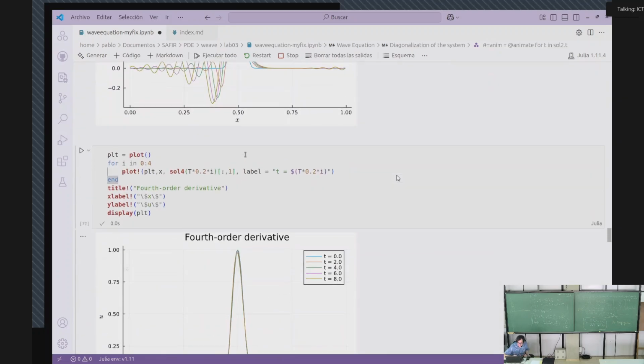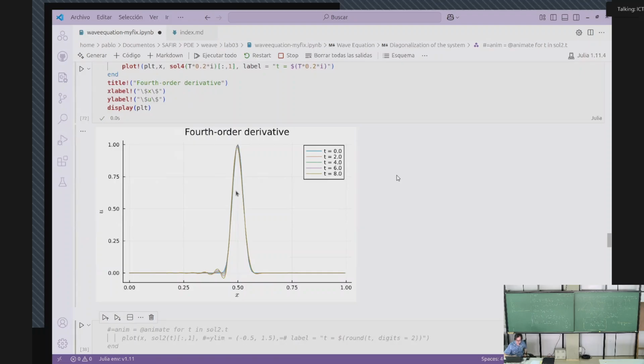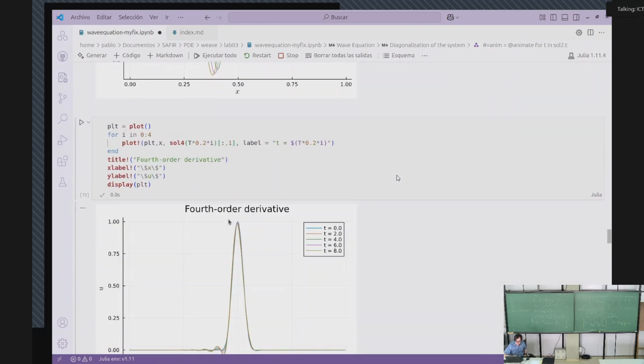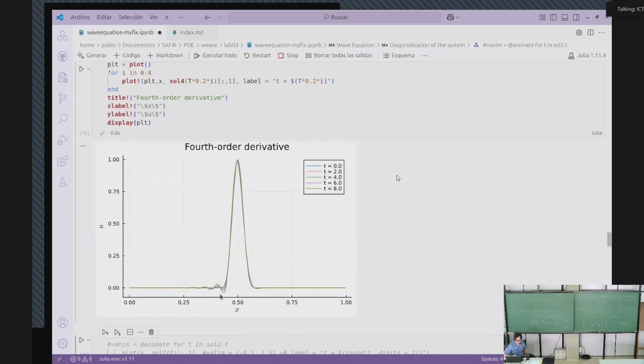And here, for example, we see the fourth order derivative, and we see that this problem is still there, but it's not as bad. Okay, it's still there. There is some issue here with a weird wave that's going on there, and therefore we can see that if we go up to higher and higher order derivatives, this will be better.